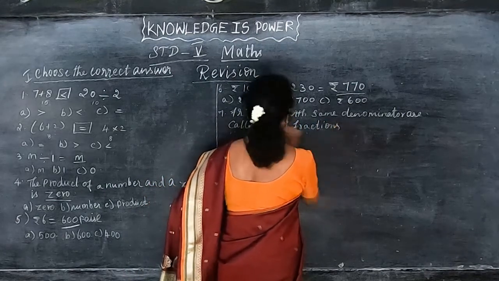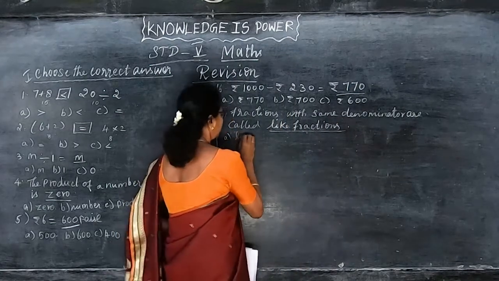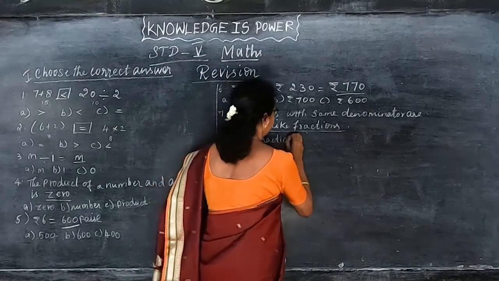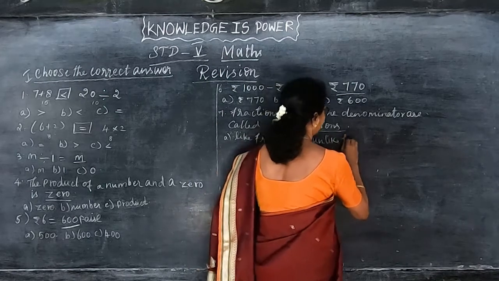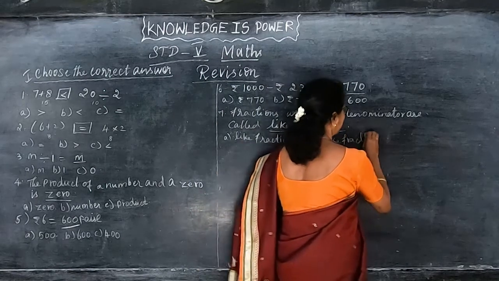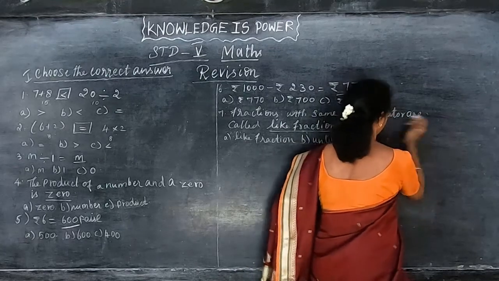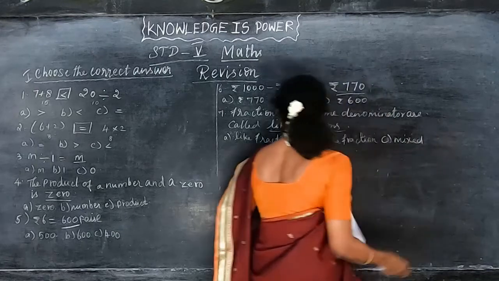So the options are A like fractions, B unlike fractions and C mixed fractions.